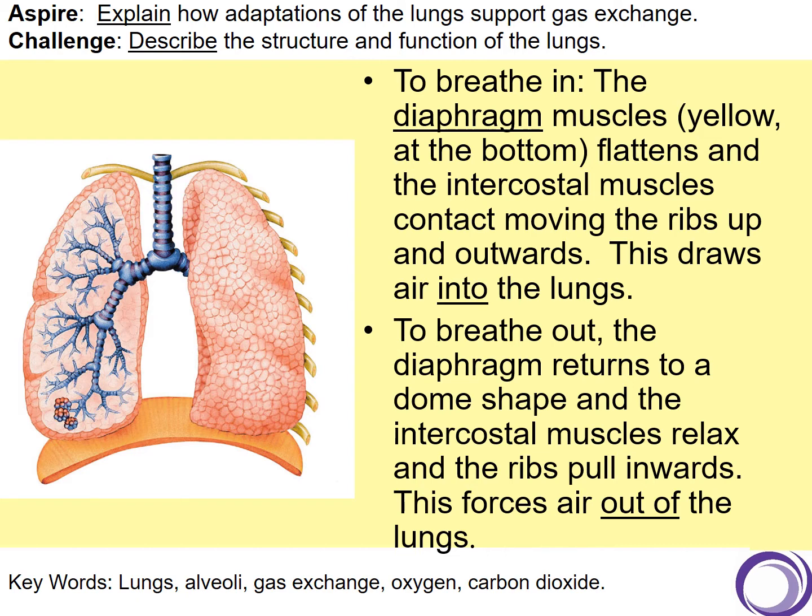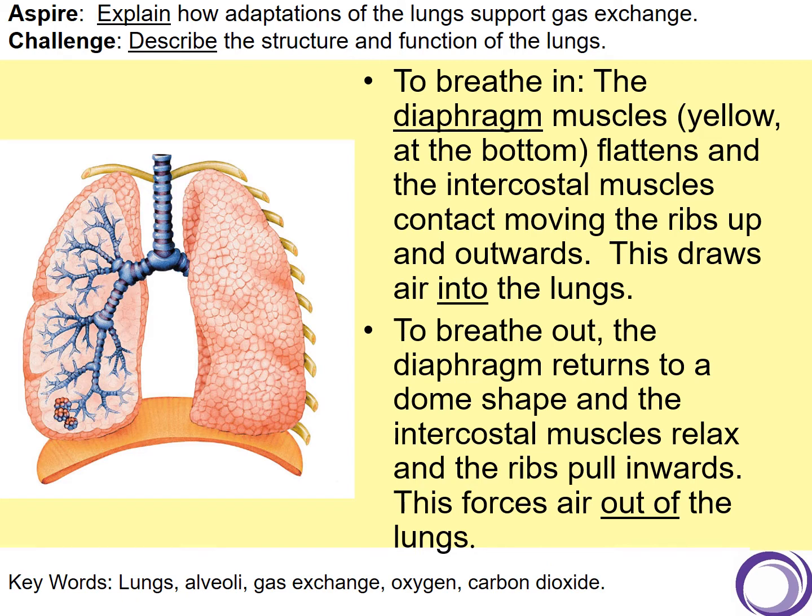Your ribs also have a massive part to play. They're not just there to protect your lungs, but have these little muscles in between your ribs called your intercostal muscles. Think about spare ribs that you get at the Chinese and things like that. The intercostal muscles are the meat part of that spare rib. And what the ribs do is they move outwards and up, and that will cause more volume to be in your lungs, which draws more air in.